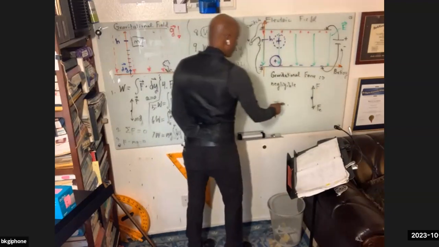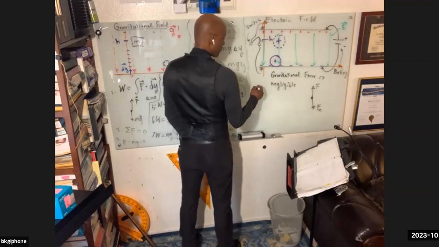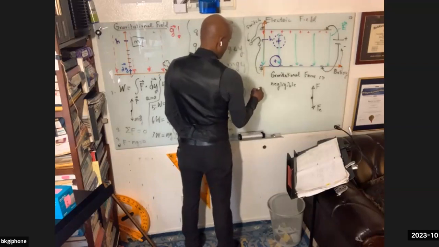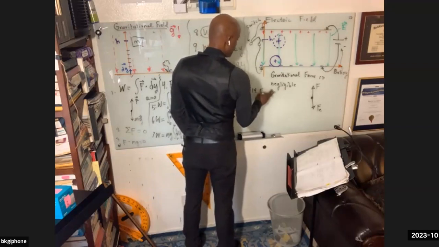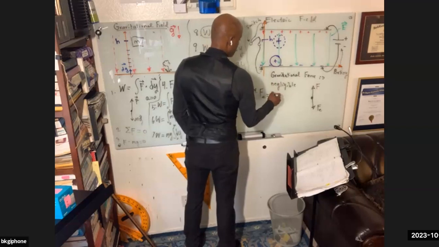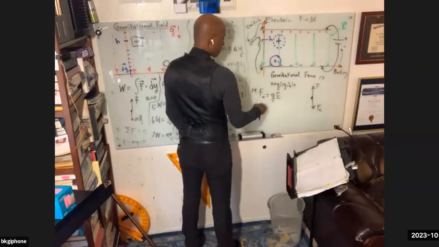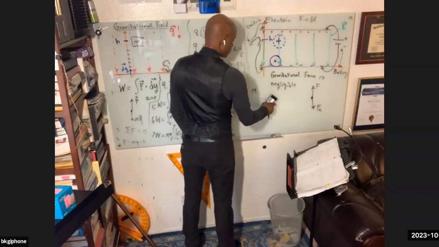Now, we already showed, we defined that a week ago or 2 weeks ago, and I'll keep the numbering going here, that the electrostatic force Fe is equal to the magnitude of the charge Q times E. Actually, we did the opposite. We said that E was defined as, that was the definition.